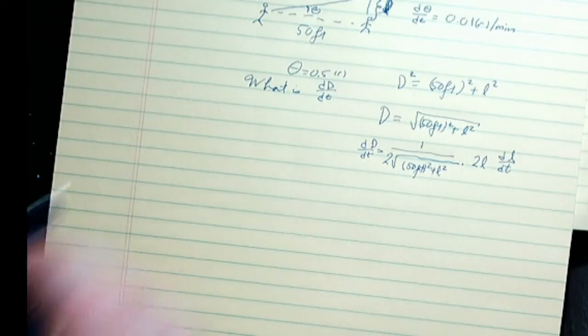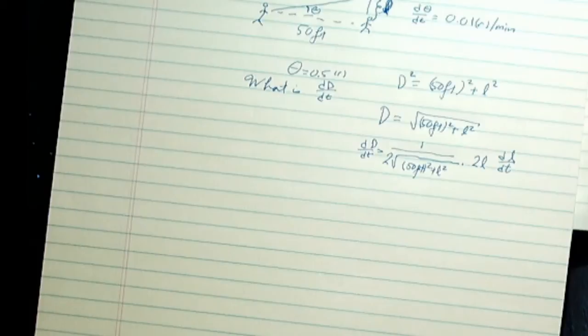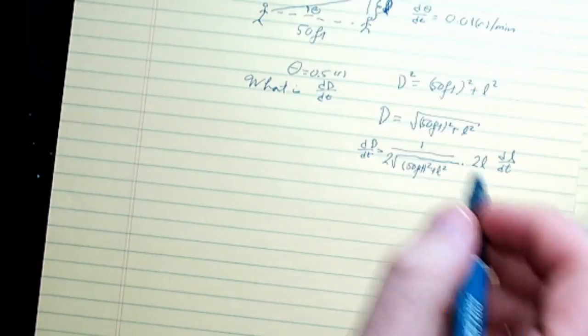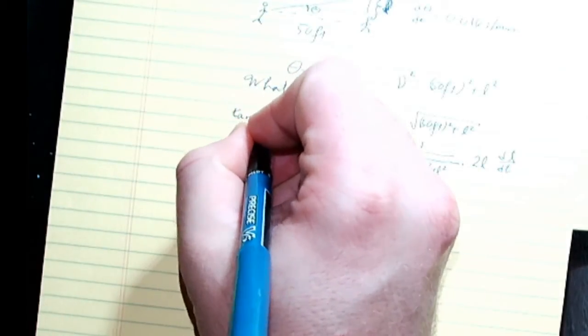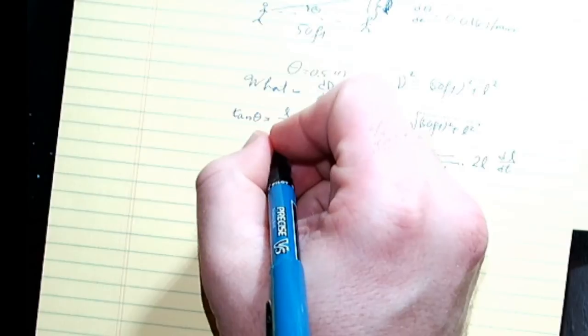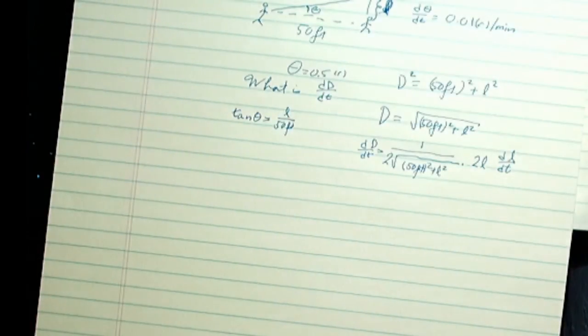But we do, because what we want is theta, not L. But remember, we know tangent theta. Tan theta is equal to L over 50 feet. Opposite over adjacent. So I can substitute in.